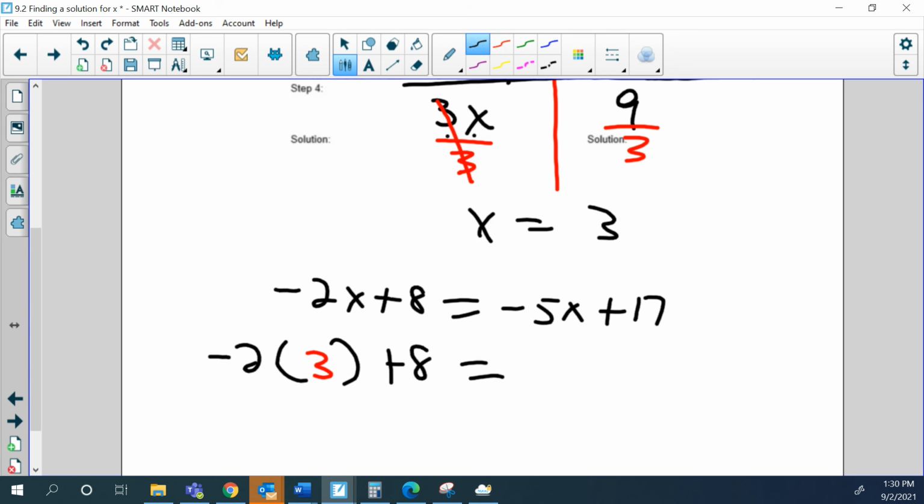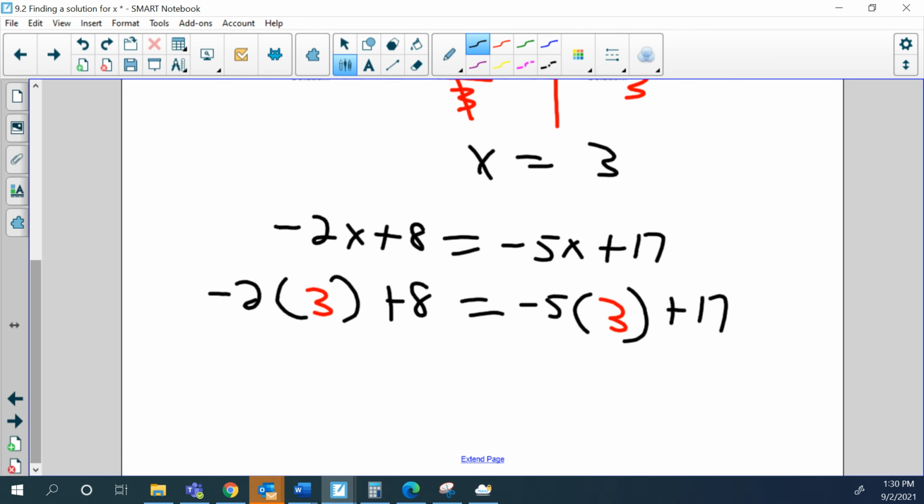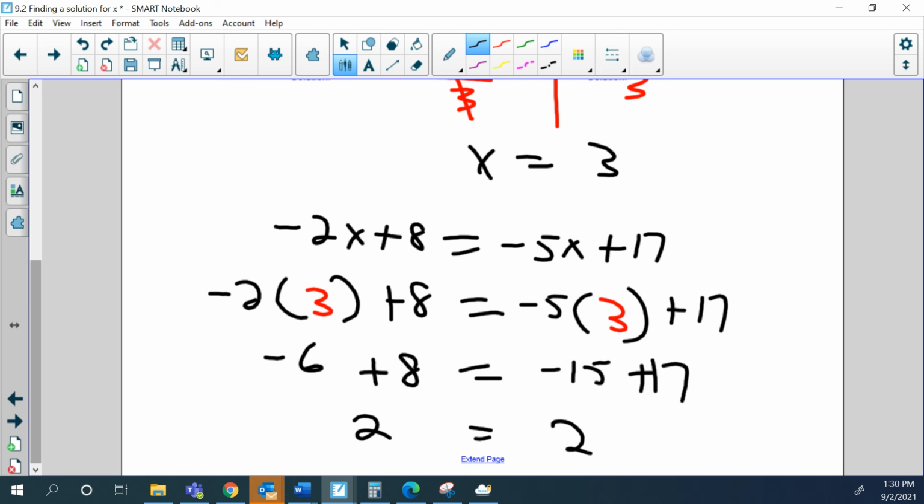And that is equal to negative 5, replace x with 3, plus 17. 2 times negative 3 is negative 6 plus 8, and that is equal to negative 5 times 3 is negative 15 plus 17. This is going to give me a positive 2, and then this is going to give me a positive 2. So, yes. All right.